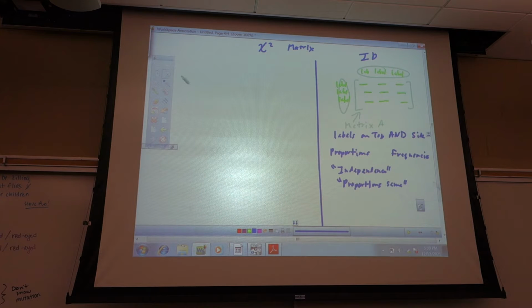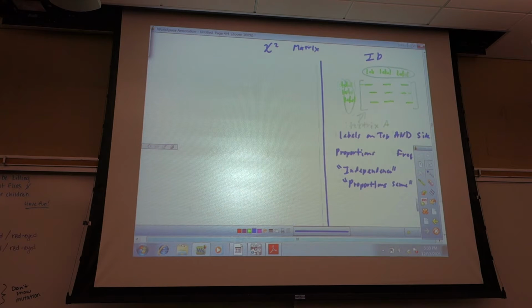Okay, so then let's talk about what you were saying before. You said that there is the test. So step 3. Okay, yeah, I'll take that. Step 3. You're going to do stat, test, chi-squared test of matrix A. Good.